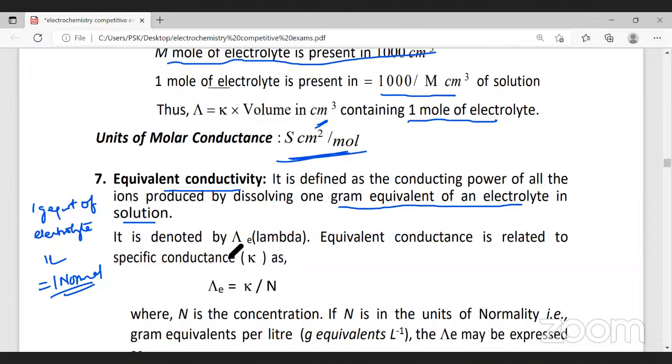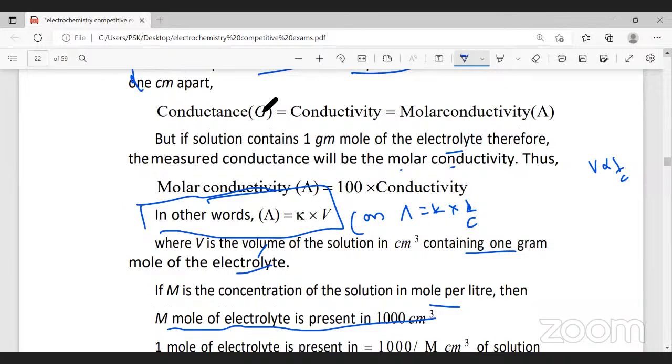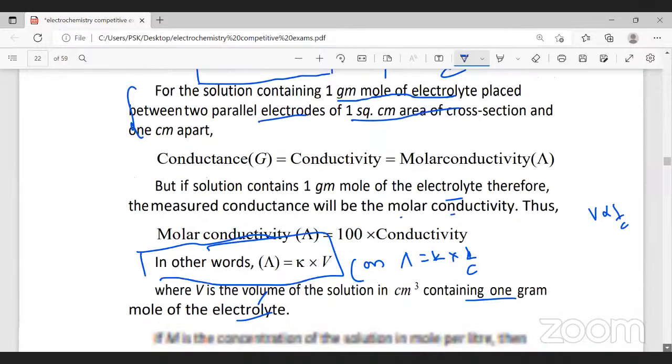This equivalent conductivity is represented as lambda E. This E stands for equivalence. So equivalent conductance is related to specific conductance by the formula lambda E is equal to specific conductance by normality. Earlier we learned specific conductance divided by molarity; here it is specific conductance divided by normality.